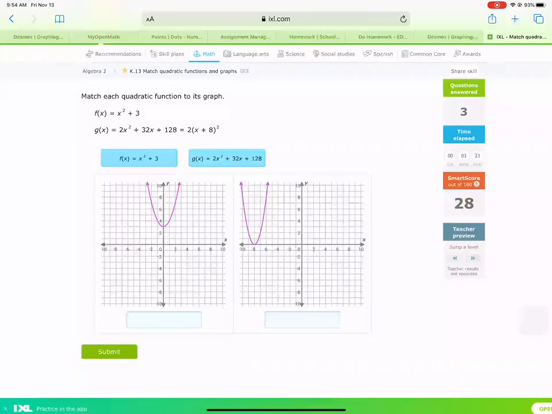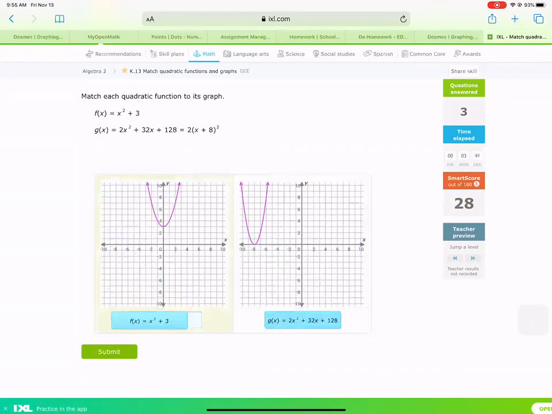They completed the square. So looking at 2 parentheses x plus 8 squared, what's the vertex of that problem? The vertex is negative 8, 0. So they actually completed the square on that problem.